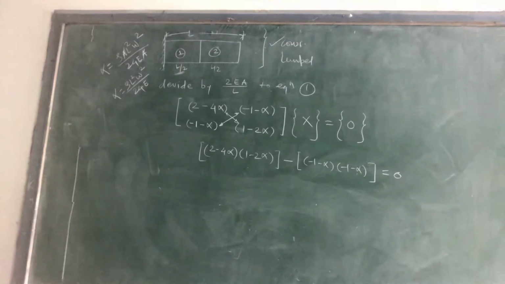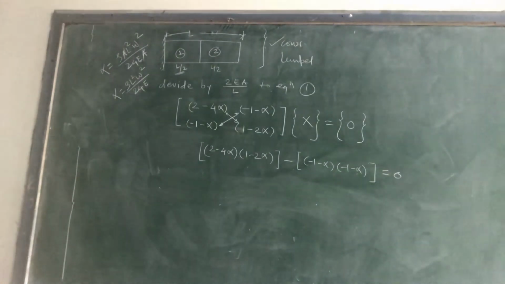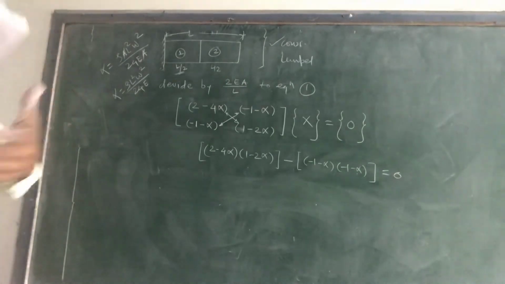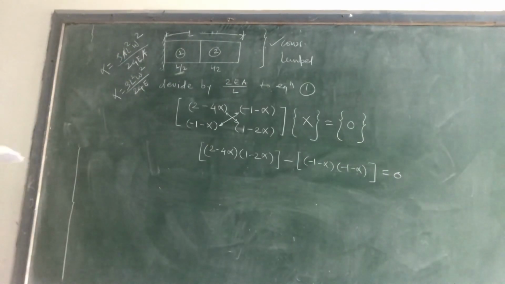If we simplify this equation, that is the subtraction, (2 minus 4 alpha) into (1 minus 2 alpha) minus (1 minus alpha) into (1 minus 1 minus alpha) is equal to 0.